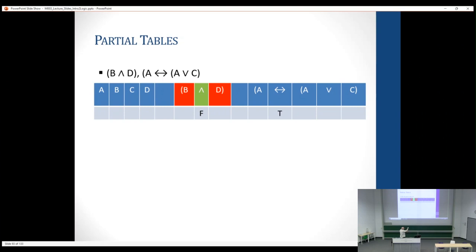If A is true, then we've got a T over here, and what's the disjunction going to be? It will be true. So then you'll have true and true. So that biconditional will be true. And as long as at least one of these two is false, they differ.